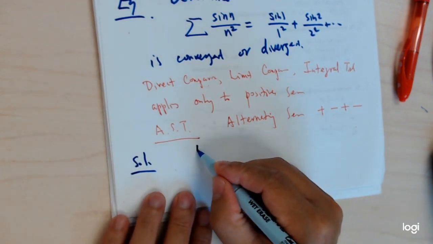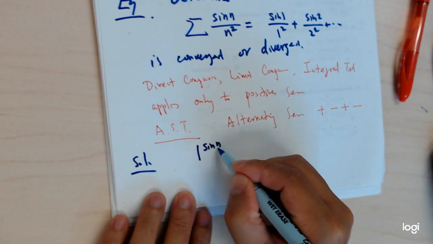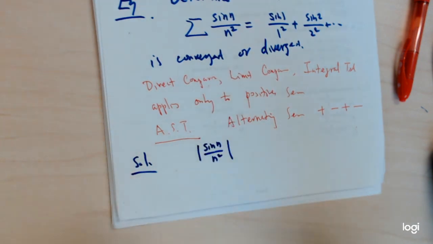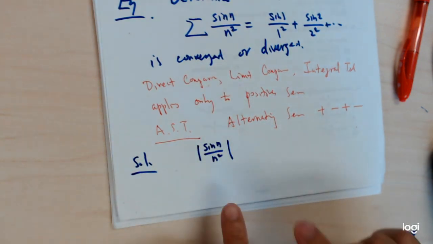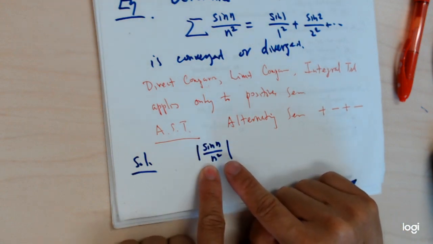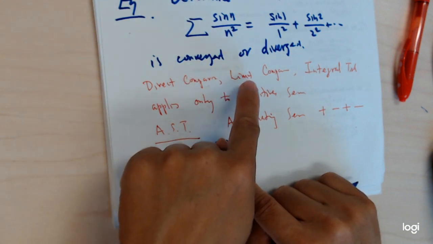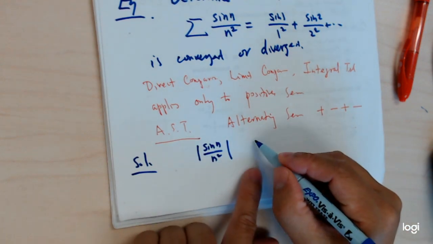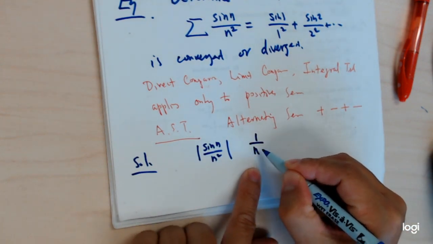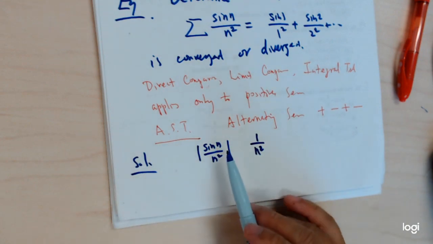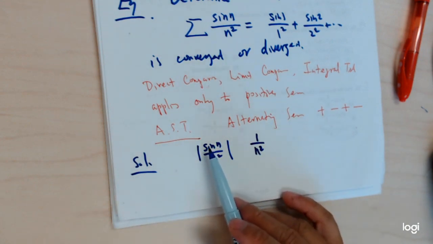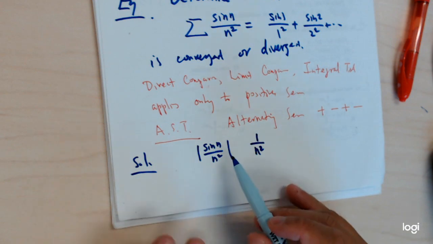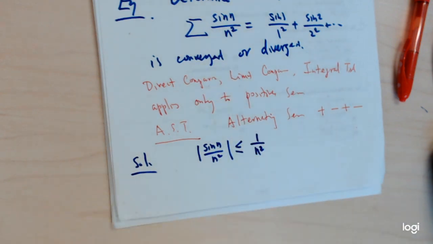So now I'd like to take the absolute value. That's the absolute value of this term. Once you take the absolute value, this becomes positive, or at least non-negative. So I can apply the direct comparison test, and I can also apply the limit comparison test to this new series. And obviously I can compare it with 1 over n squared. The fact that sine n is always less than or equal to 1 says this is always less than or equal to 1 over n squared.